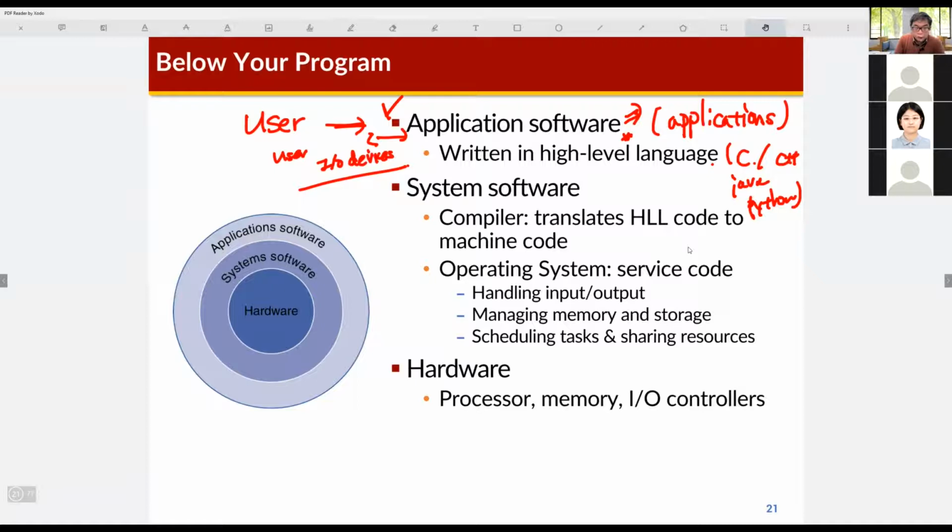But as this software runs on the computer hardware, it also uses the hardware resources of the computer system. As I mentioned, when we use application software, we use I/O devices.